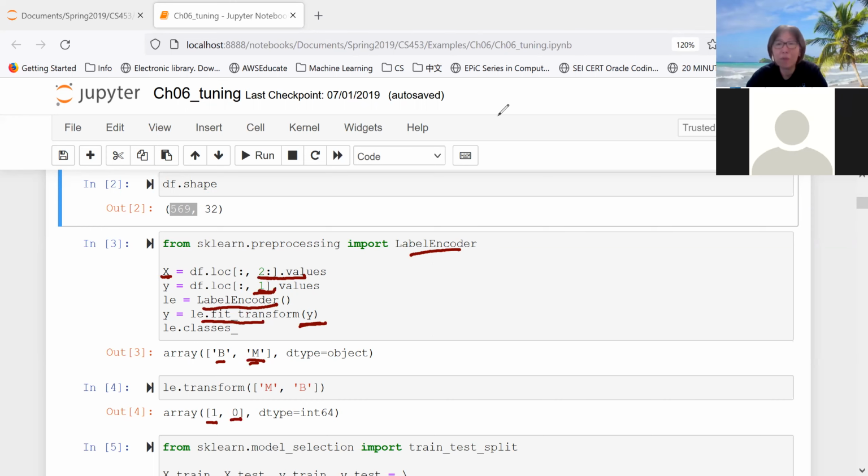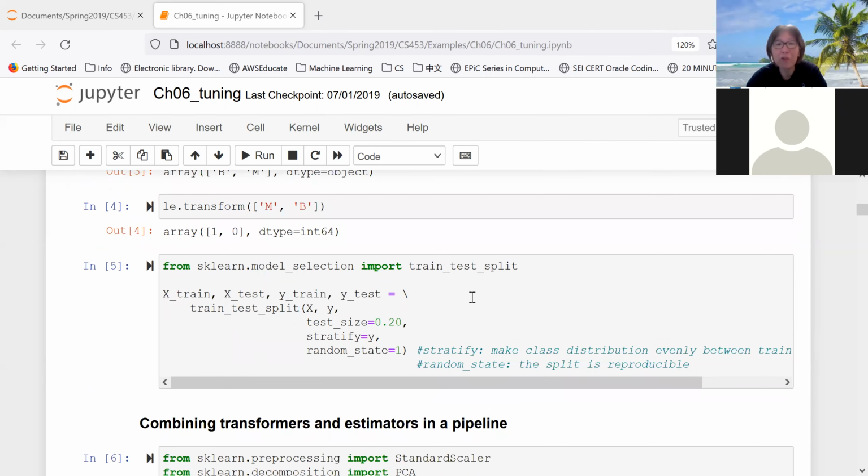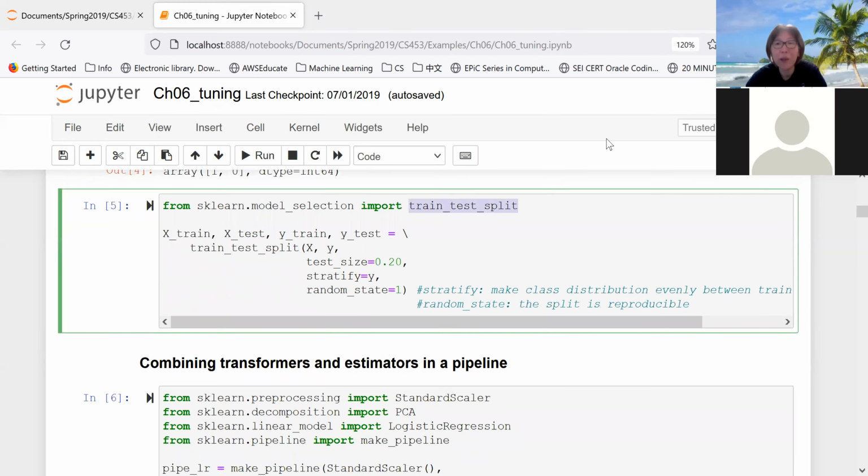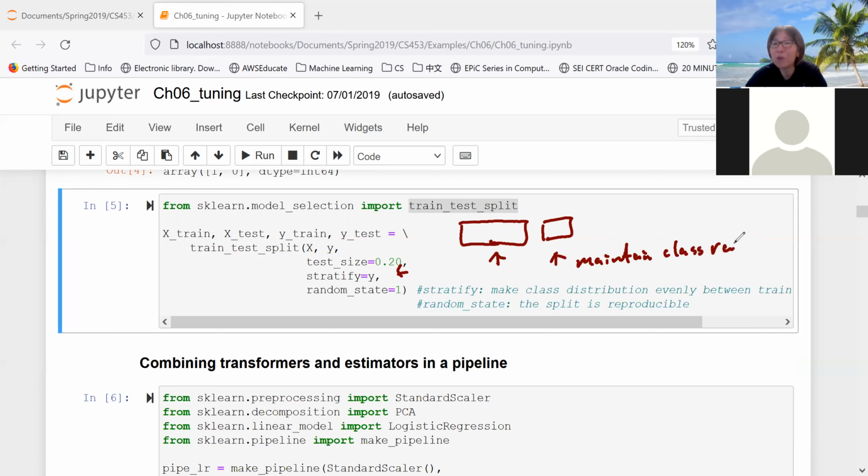Then the next part is the train test split, which we are already quite familiar with. For stratify, if you recall, when you do the training and testing split, you maintain the class ratio as the original.